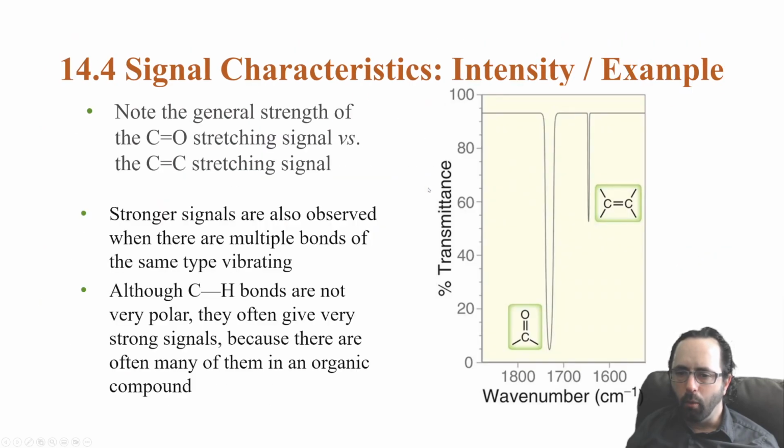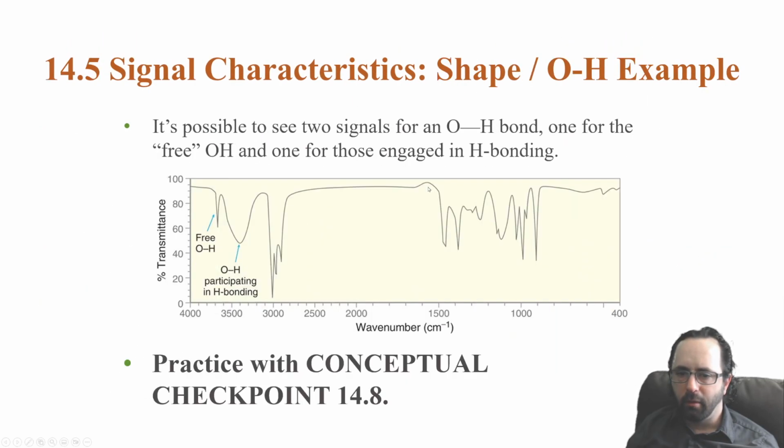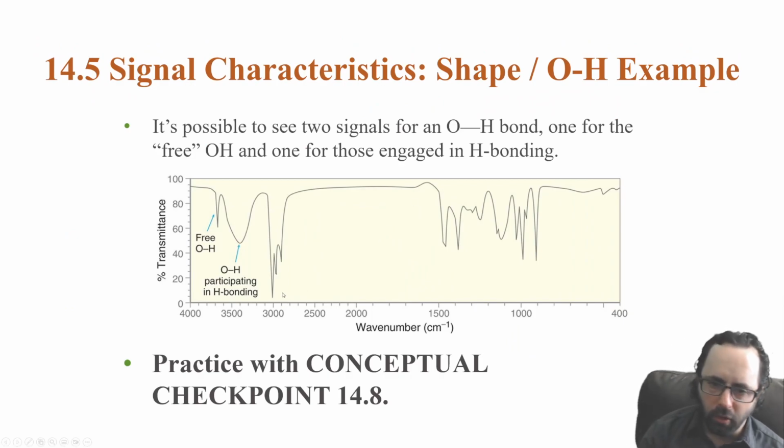One thing that I want to mention as well, that I didn't mention as much specifically but is on the review that I gave you, is to remember that you should always be looking at the 3000 line. Below 3000, you have sp3 CH bonds, which are carbons that are bonded to 3 other carbon atoms.